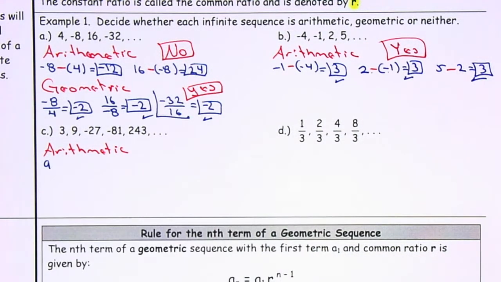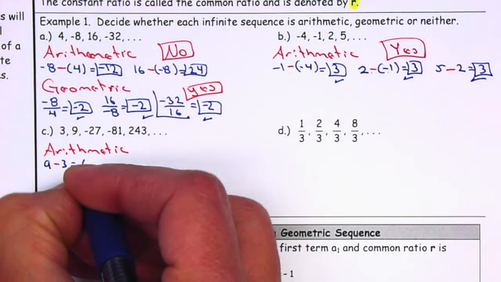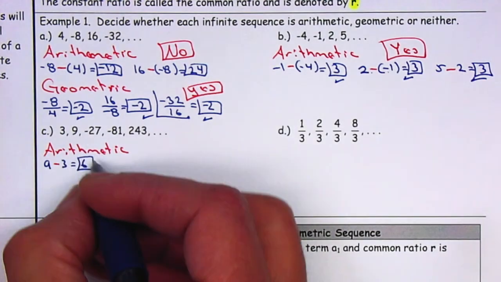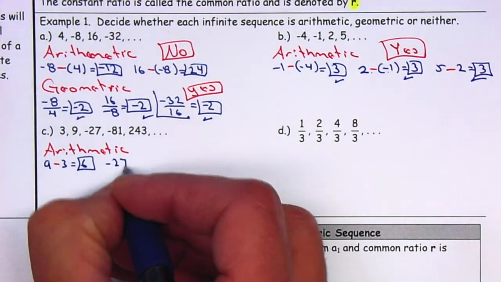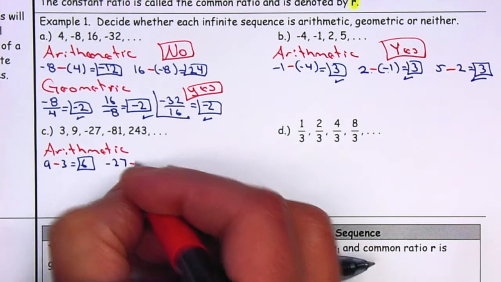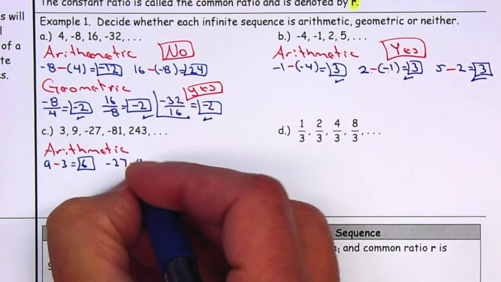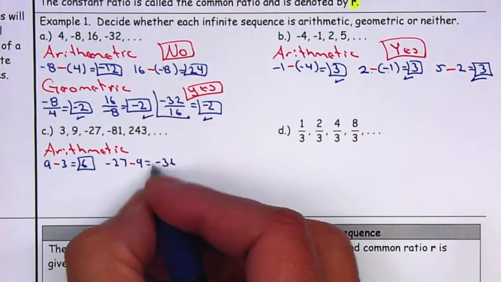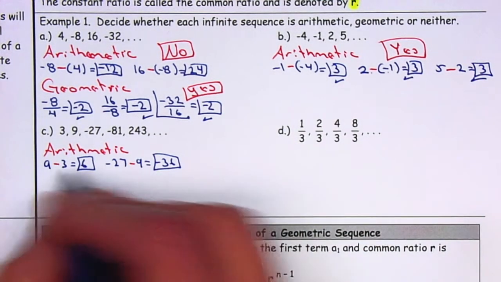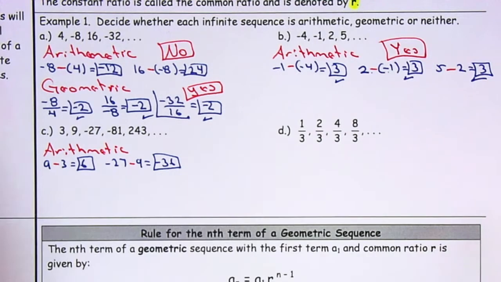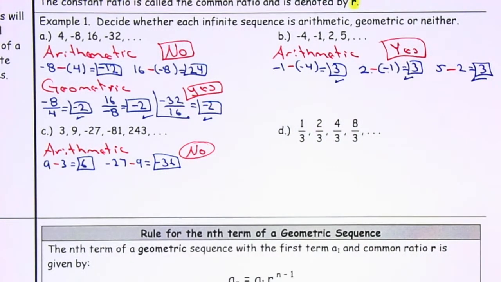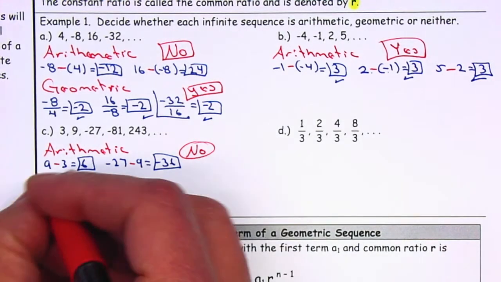So 9 minus 3 is equal to 6. Then we're going to take the third one minus the second one. So negative 27 minus 9, and that'll give me negative 36. Notice that the difference is not constant, it's not the same. So in this case, this is not an arithmetic sequence, so no. Now let's check and see if it's geometric.